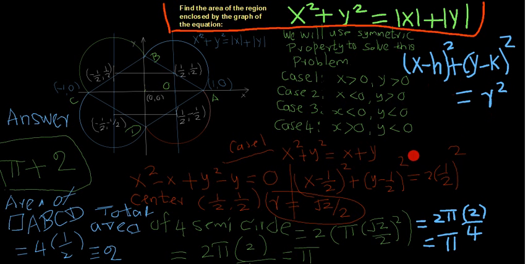So we come back to the problem. We have x squared minus x plus y squared minus y. Then you do the completing the square technique. So we end up getting x minus 1/2 whole squared plus y minus 1/2 whole squared equal to, so here you added 1/2 squared and here you added another 1/2 squared.